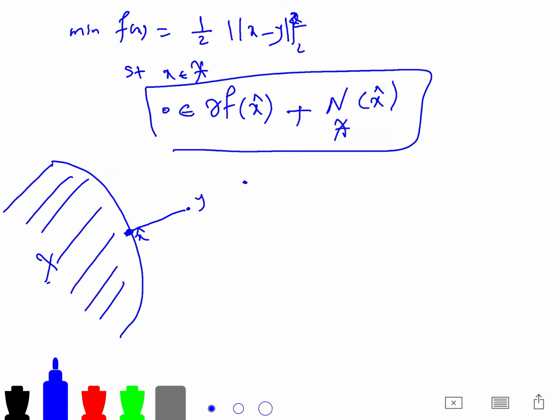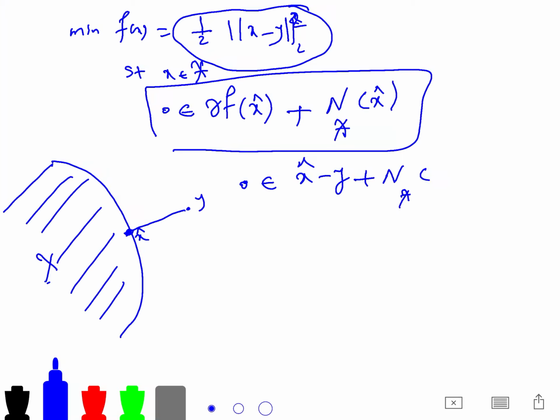And just work on this, because now f is a differentiable function, so no problem. 0 is inside the differential, which is x hat minus y. Now you see why I use 1 over 2. So this one plus the normal cone for set X at point x hat.